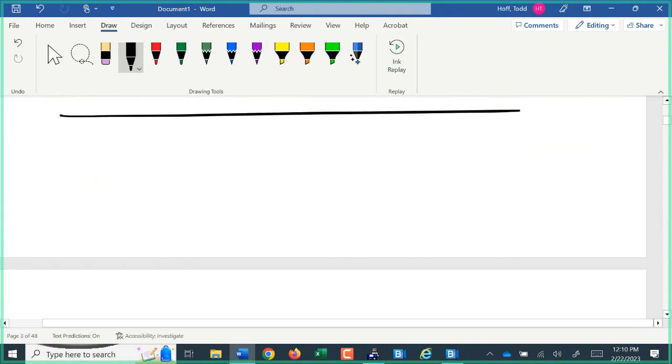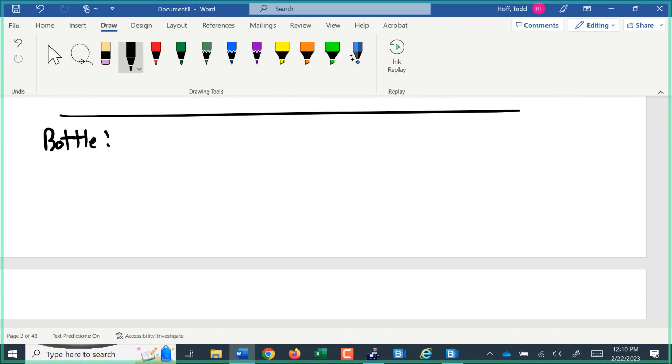So then the next step is to look at proportions. Let's say the bottle tells us that we have a medication that is mixed with 5 milligrams of medication in every 2 milliliters of solution.